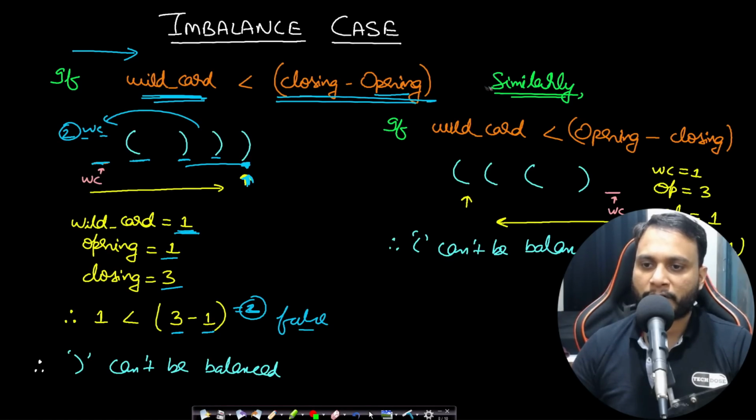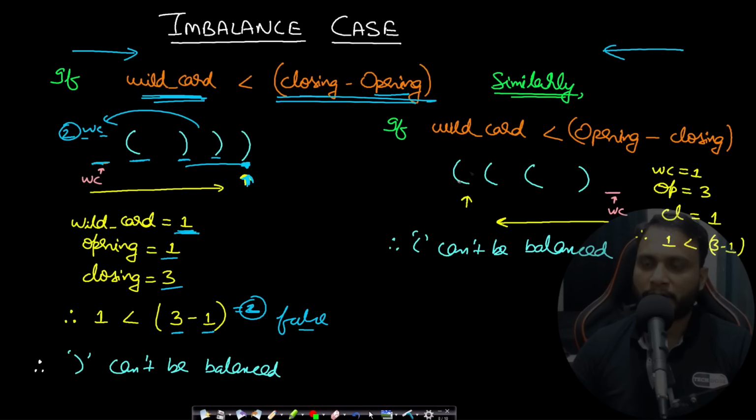Now similarly for the second parse, if we move from right to left, the wildcard will be counted. The opening count will be done whenever you see an opening bracket. Closing count will be done when you see a closing bracket. Since we are checking for the overbalancing of the opening bracket in the second parsing, when we stop at this opening bracket, the number of opening brackets is 3, closing brackets is 1.